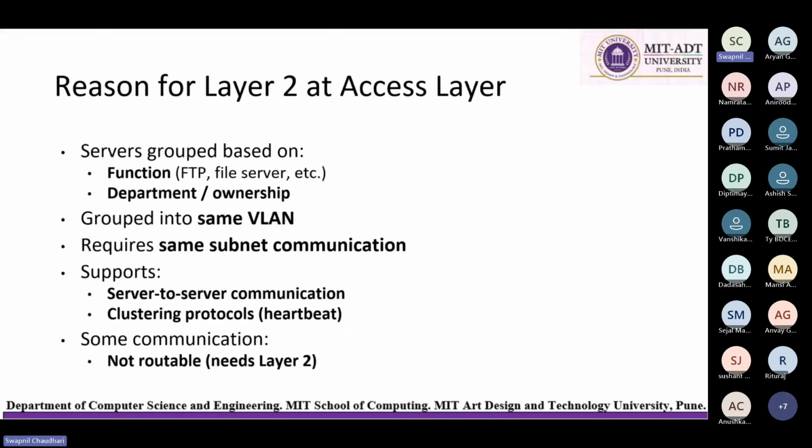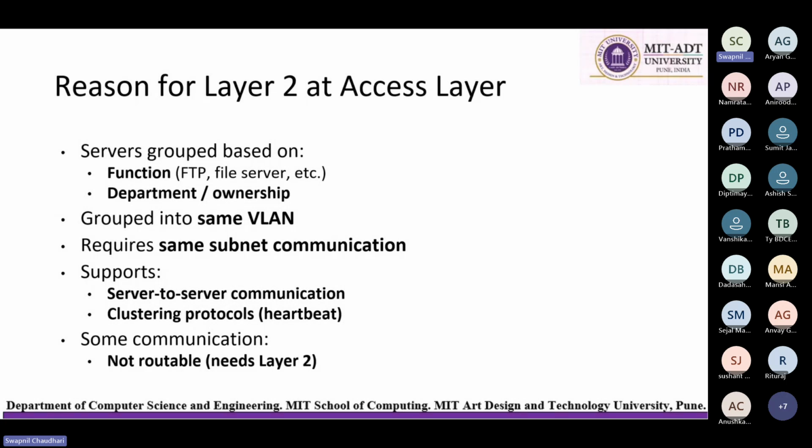Next, the reason for layer 2 at the access layer. What is the reason behind that? Why are we using layer 2 at the access layer in the data center? First, server grouping.